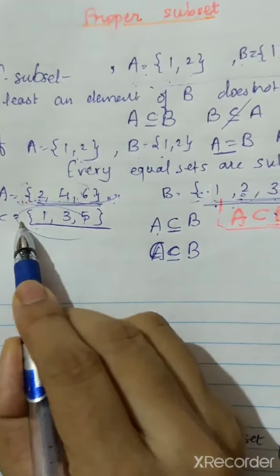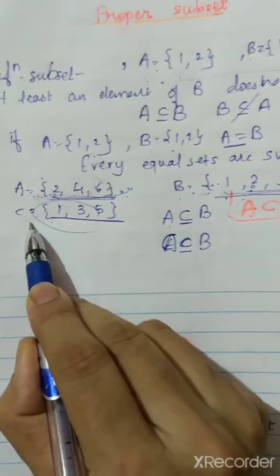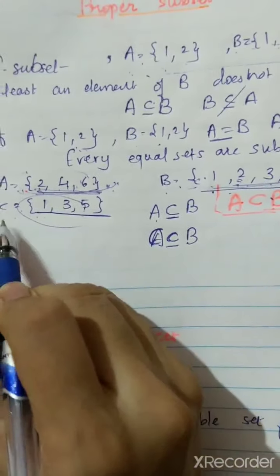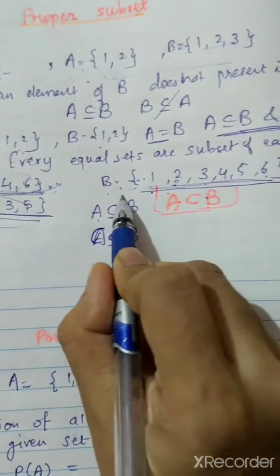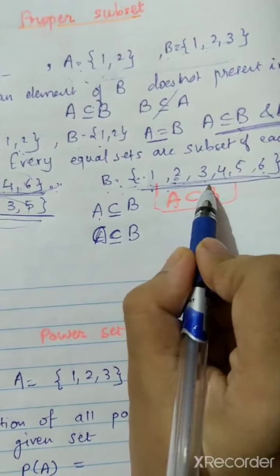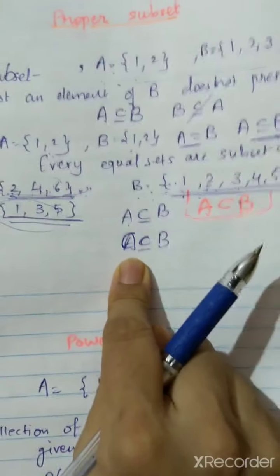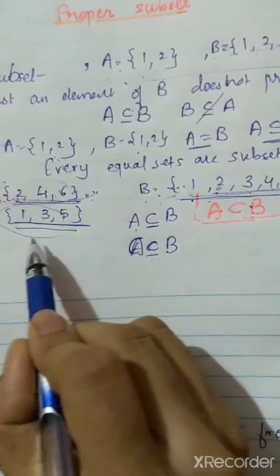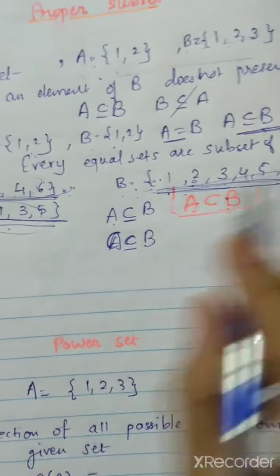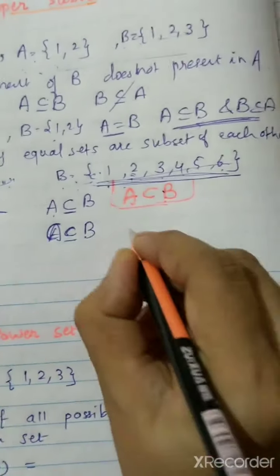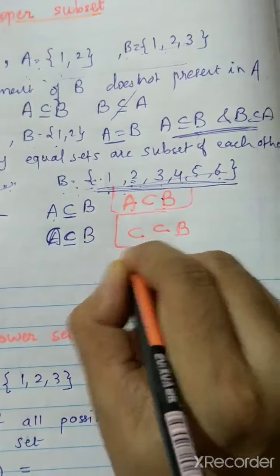So C can be subset of B, but B cannot be subset of C. We can say C is set of all odd numbers, but we cannot say B is set of all odd numbers. If this is also odd, this is also odd, then only subset is possible. But here C is odd numbers, but B is set of numbers. Therefore here also C is proper subset of B.